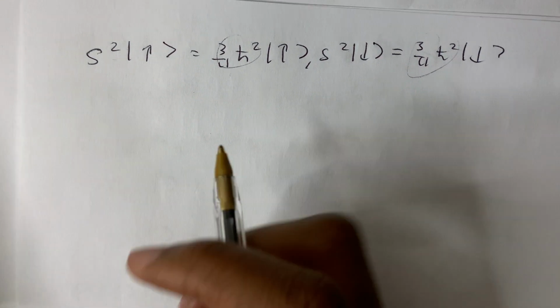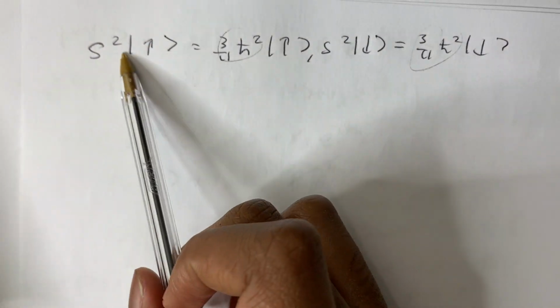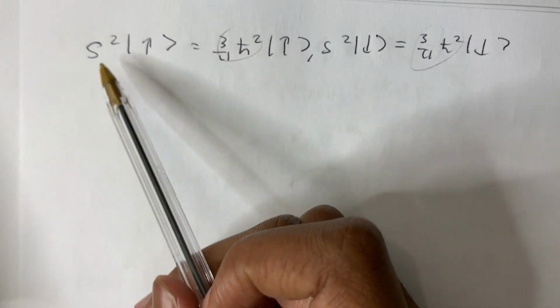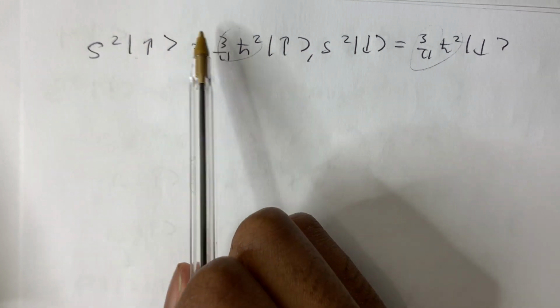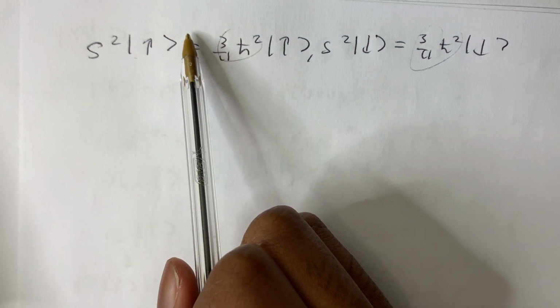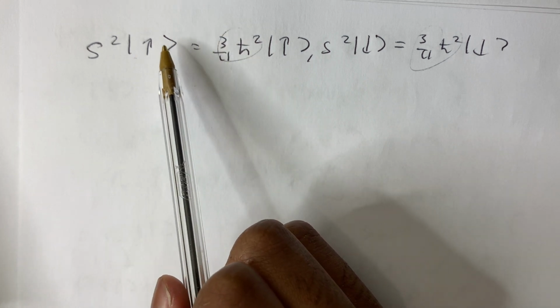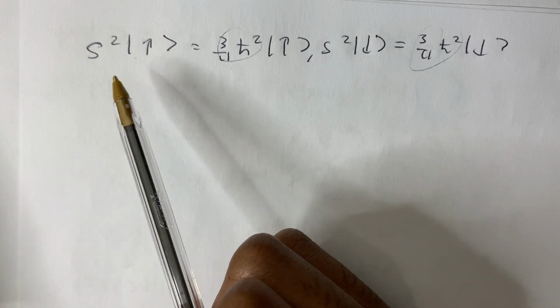From this we can construct the matrix for s squared. Because s is an operator, s is going to be a matrix, and since these spin states are 2 by 1 column vectors, s squared is going to be a 2 by 2 matrix.